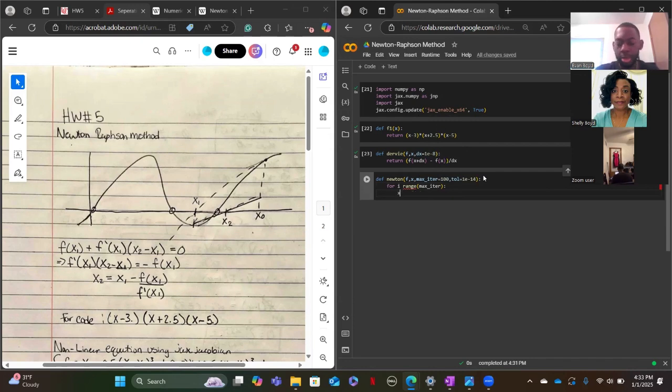So this will be x2 is equal to x1 minus our f function of x1 divided by the derivative, which is our f prime of x1. Okay.